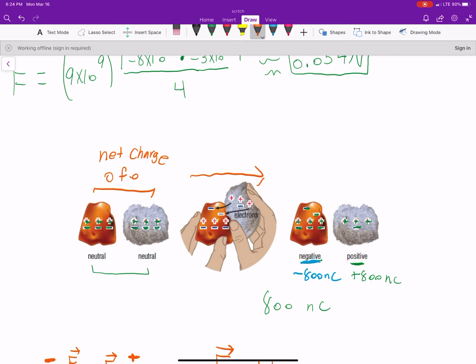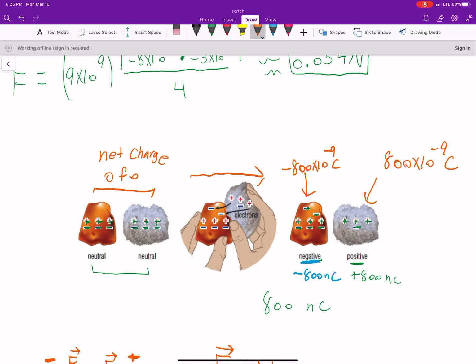So if you give this amber excess electrons, so it now has a charge of negative 800, then the fur has to have a charge of plus 800 times 10 to the negative 9 coulombs, because the electrons are coming from the fur. So now you're giving the electrons away, so you have an excess of positive charges. So that's how we know the two charges.